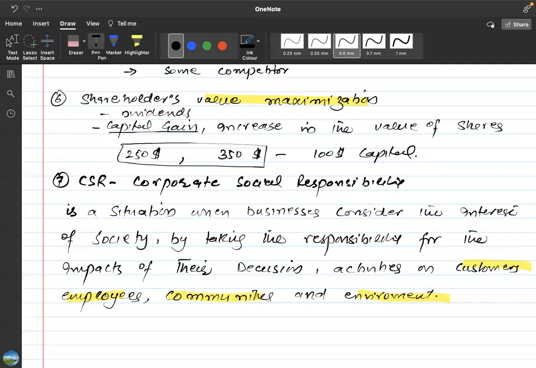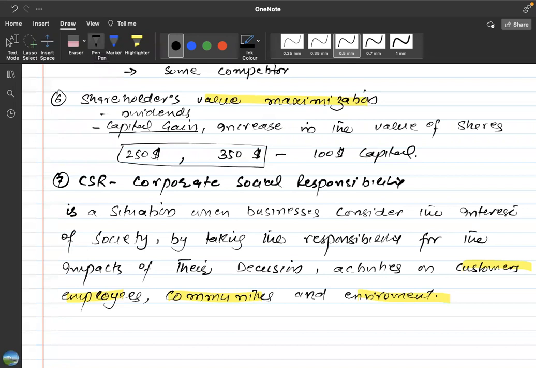They are lobbying with the government, they are lobbying with the media, and they encourage consumers not to buy the products of the business if business continues to do such activities that can harm the environment, communities, and all that. So that is the reason corporate social responsibility has become more important in today's environment.